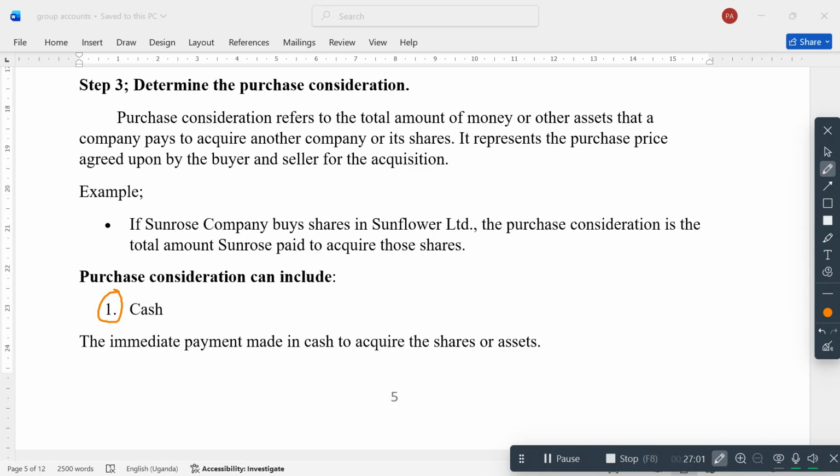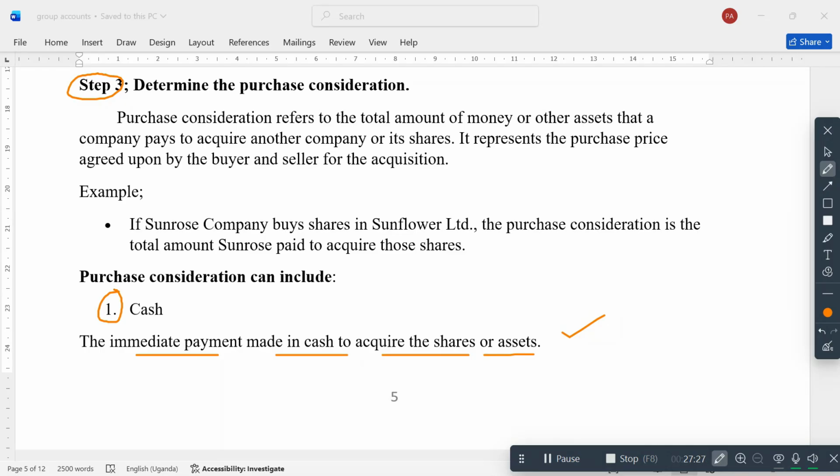So for purchase consideration, as our step number 3, if they have given you cash, that is the immediate payment made in cash to acquire shares or assets in another company. If they say in the question, ABC company acquired KK company and paid cash of 100,000, that becomes very direct. You don't need to do any calculation.